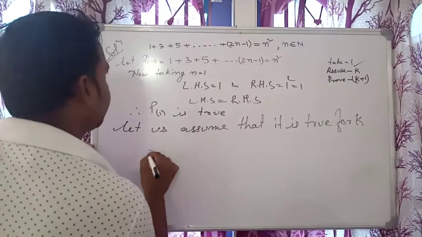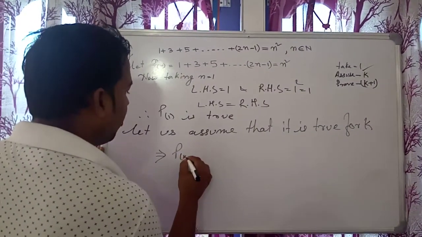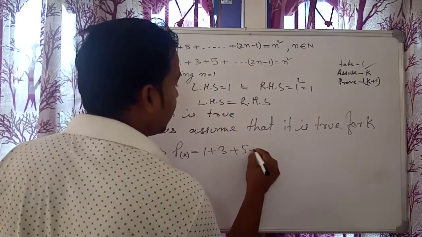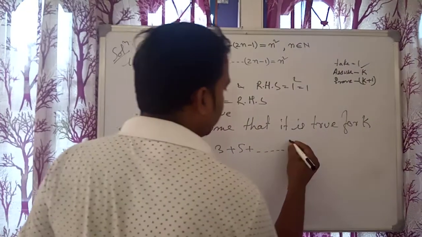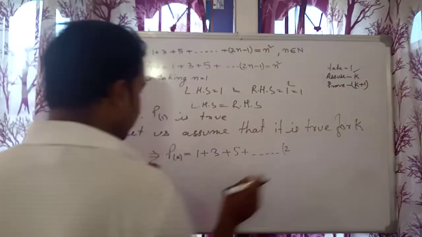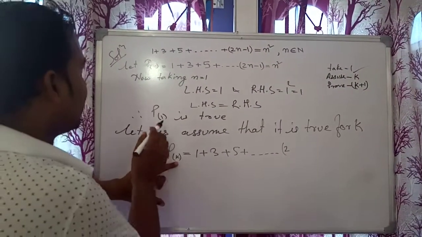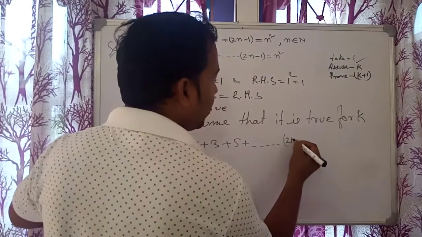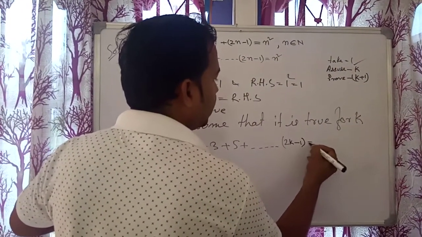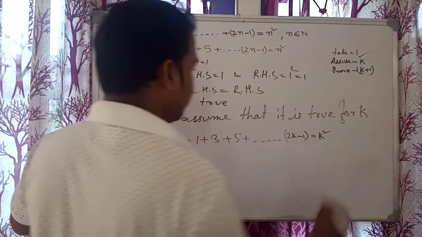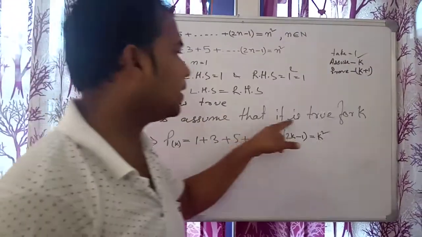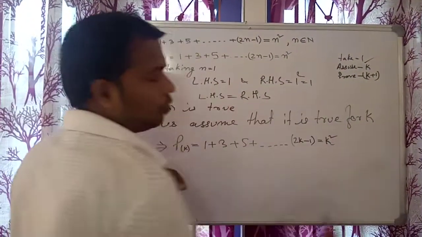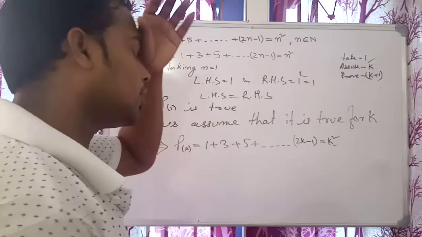It implies P of k is equal to 1 plus 3 plus 5 plus dot dot dot 2, since in place of n we are taking k, here you have to write k minus 1, is equal to k square. Let us assume that it is true for k. That means this one is true. We are assuming this one is equal to k square.